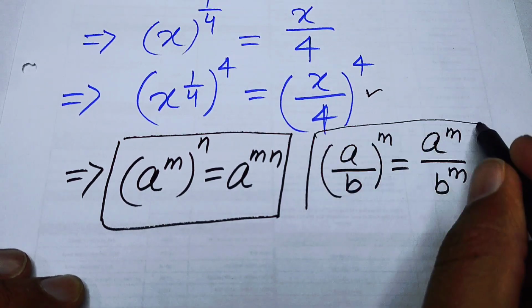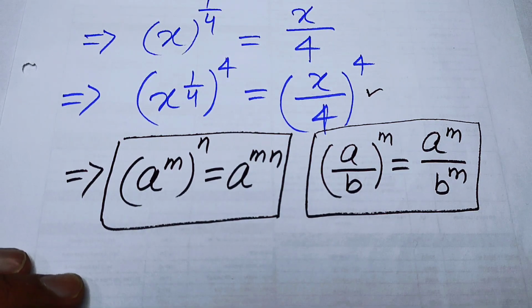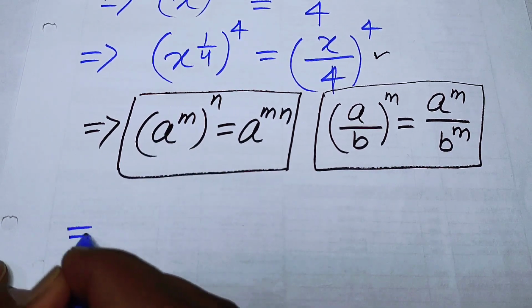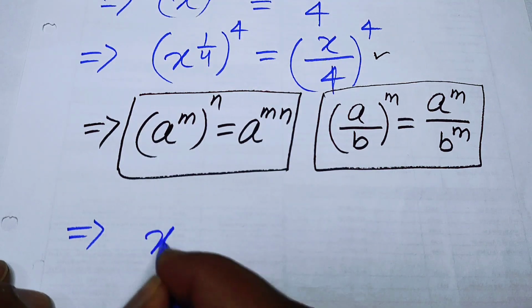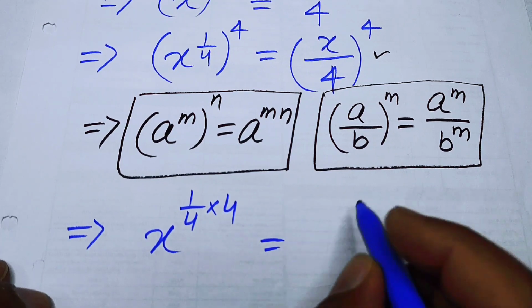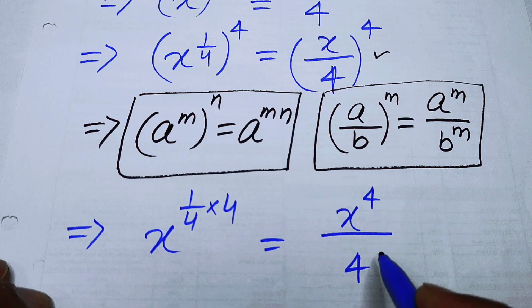Okay, so we can apply this exponent law on the right hand side. The left hand side will become, after applying the first exponent law, we just multiply these two exponents, so that we get 1 over 4 multiplied by 4, which is equal to x to the power of 4 over 4 to the power of 4.